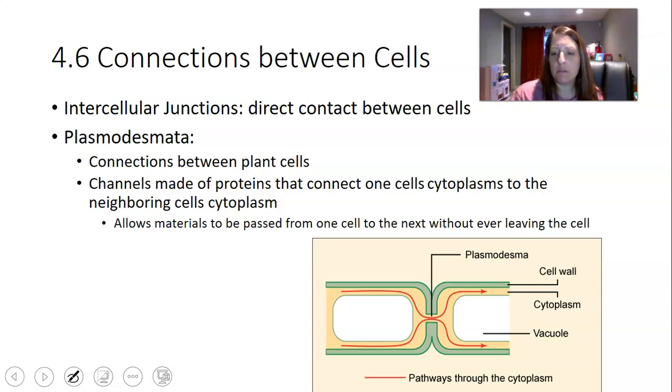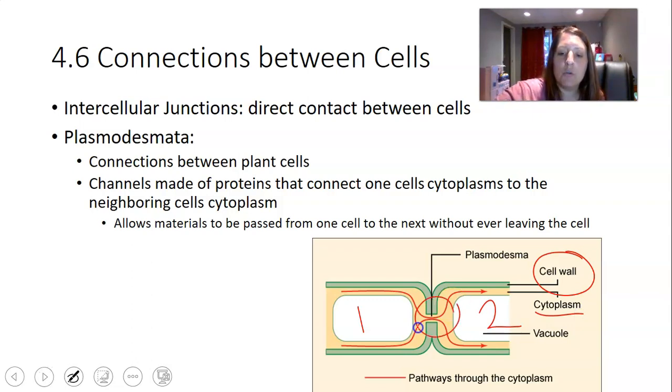In plants, we have structures called plasmodesmata. These are going to be connections in between two neighboring plant cells. So here in this figure, we have plant cell number 1 and plant cell number 2. In green, we have the cell wall. Okay? In yellow, we have the cytoplasm, and where I drew my numbers actually represents that big central vacuole. The plasmodesmata is shown right here.